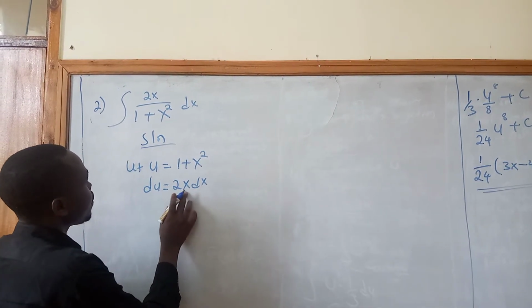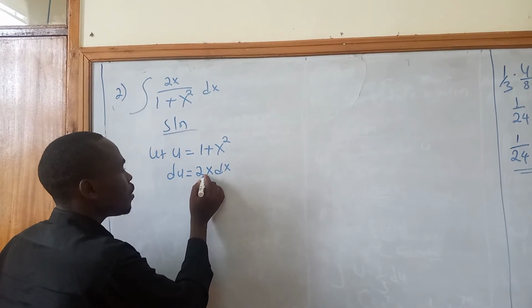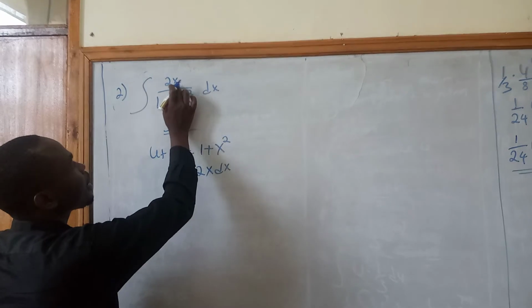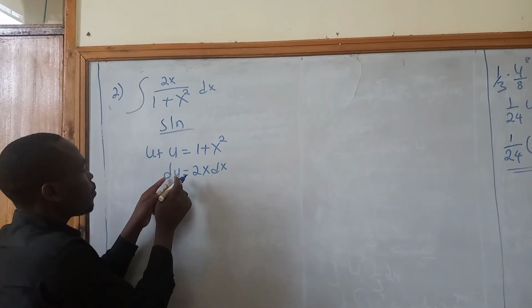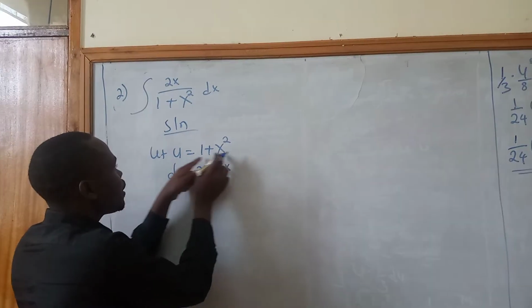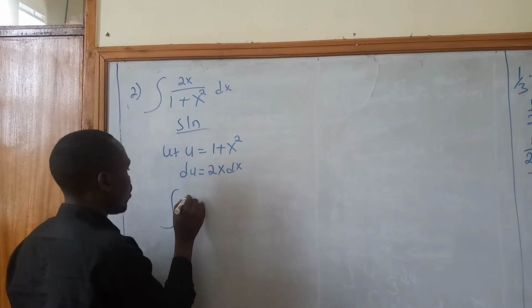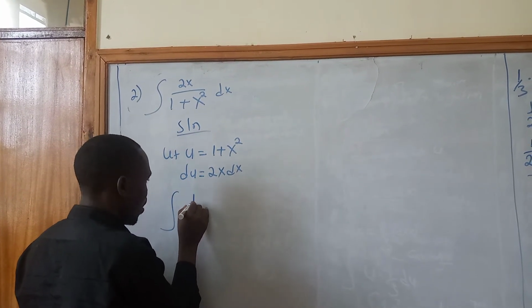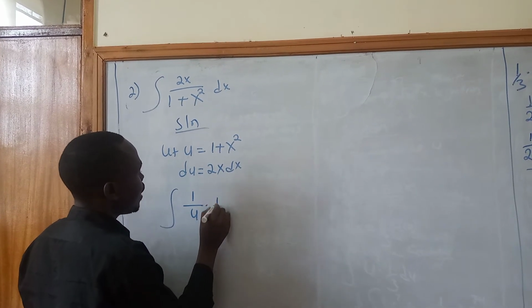Then 2x dx is the same as this. I'm going to substitute in place of 2x dx this one, and in place of the denominator I substitute u. Then it will be the integral of 1 over u multiplied by du.